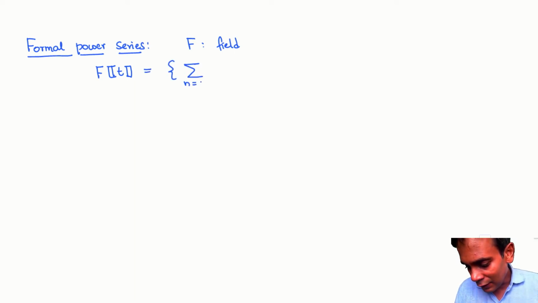So I emphasize that these are symbols. Even though this looks like the symbol for summation from n equals 0 to infinity, we will never be taking an infinite sum in this lecture. Or for that matter, in this course, this is a course in algebra, we don't take infinite sums.